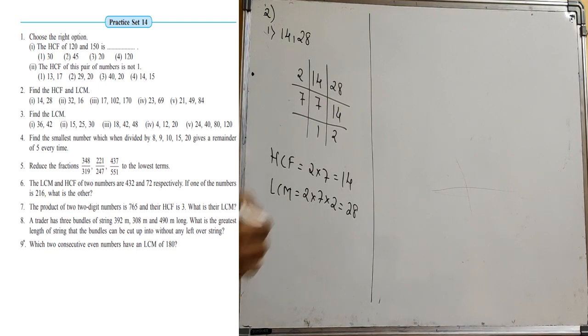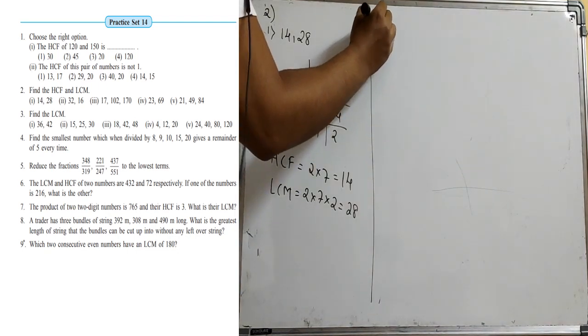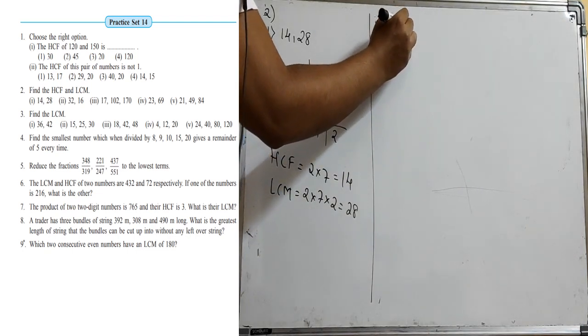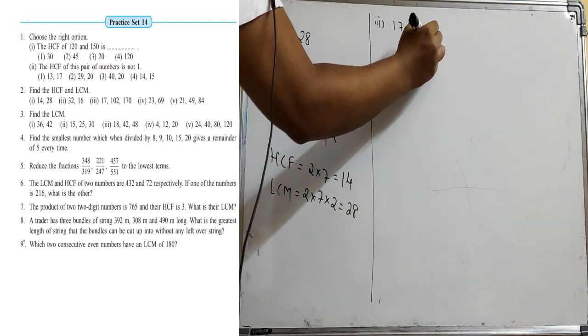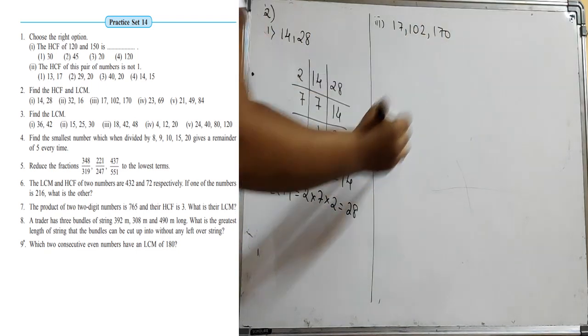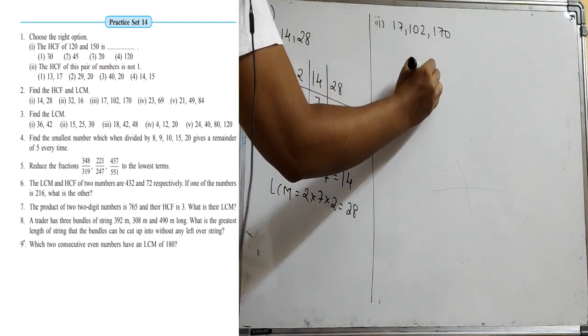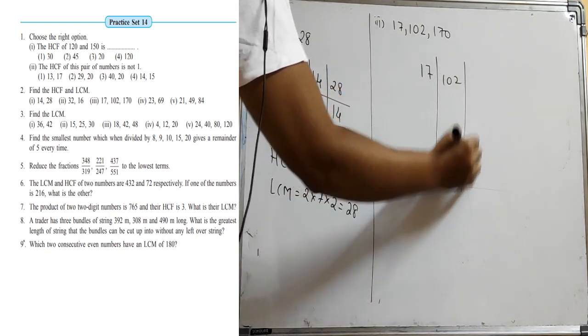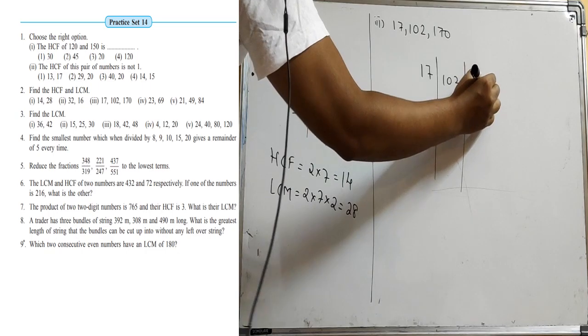The sum number 3. In sub question number 3, you have three numbers: 17, 102 and 170.